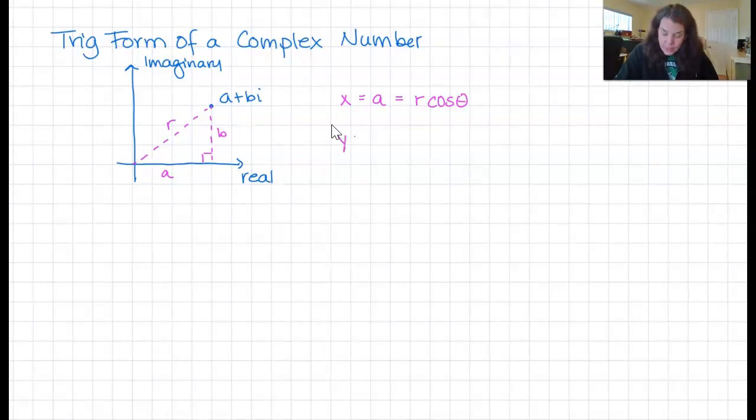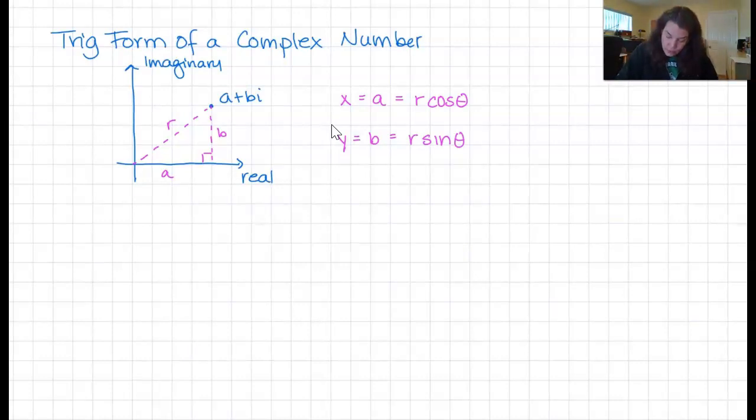And then y is b, and we know that the y coordinate is r sine theta. So all we're going to do is replace the a and the b with r cosine theta and r sine theta, and boom, we got trig form.